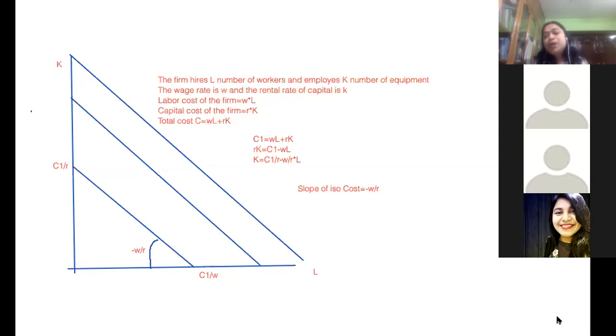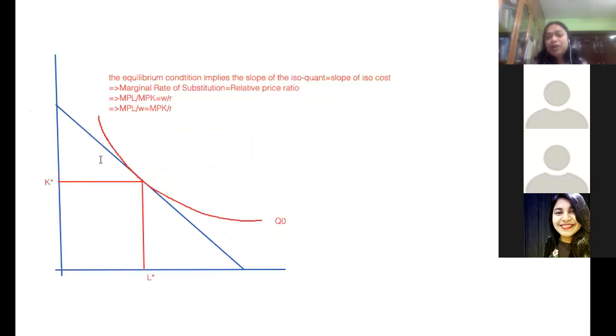Now the optimal combination comes where the iso-quant is tangent to the lowest possible iso-cost curve, right? You can go lower than this, but then you cannot achieve Q0. You can achieve Q0 at a higher cost, but if you can minimize cost, why would you incur higher cost?